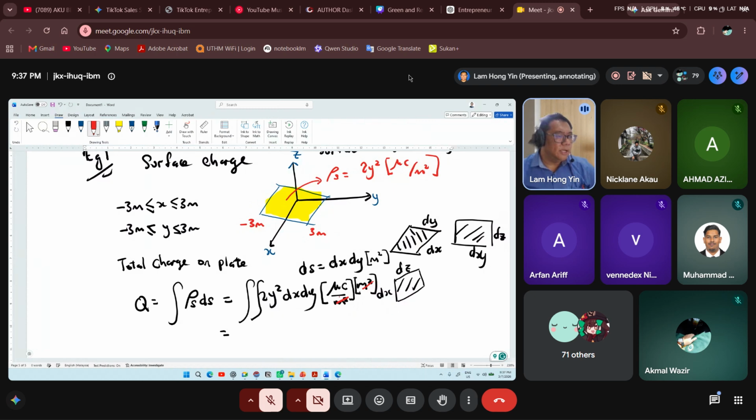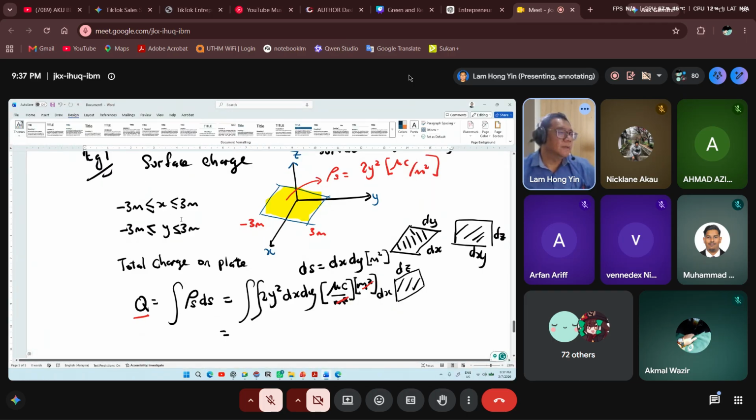Then you will only have the coulombs, which is the unit of the charge.